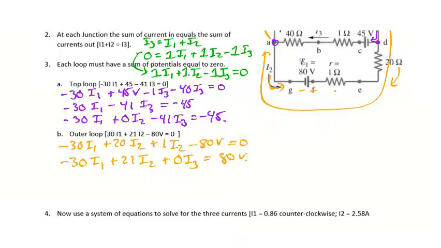All these equations are lined up exactly the same. The first term, no matter which equation you're looking at, is I1. The second term is I2. The third is I3. And then it is equal to a constant or the voltage. So this is always going to be the fourth thing.